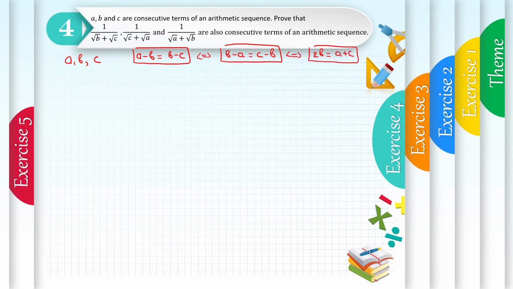So, in order to prove that these three terms are also consecutive terms of an arithmetic sequence, we have to prove one of these equalities.